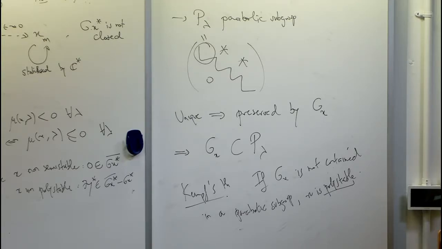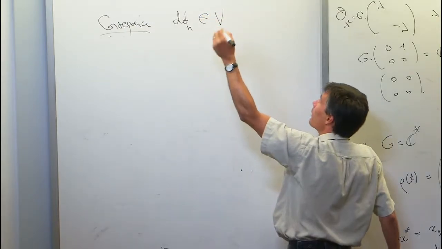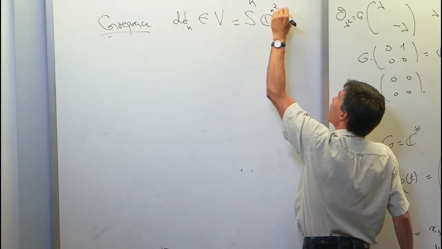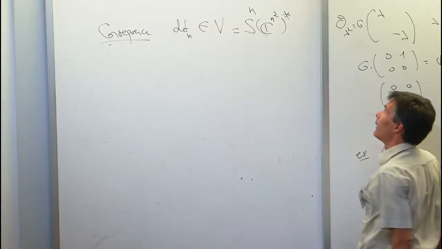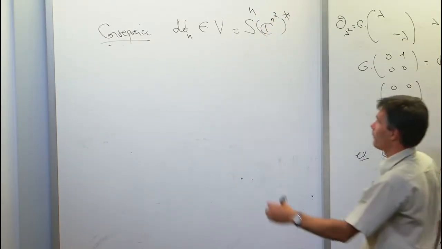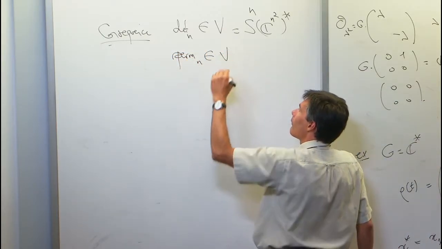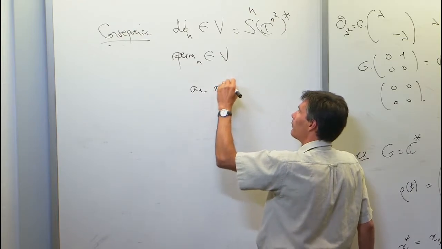The determinant, seen as a point in the space of degree n polynomials in n squared variables, and the permanent, are both polystable, for the action of the special linear group in n squared variables.